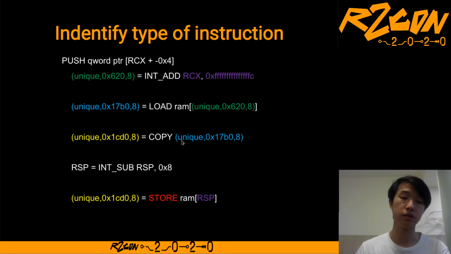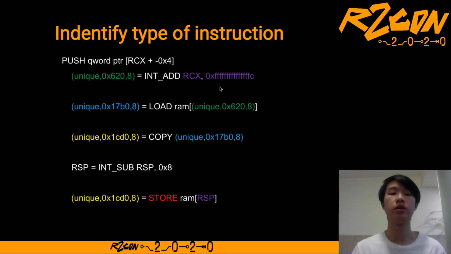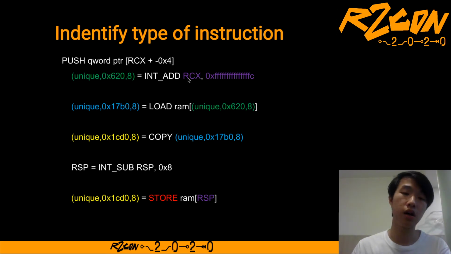This one is copied from another unique var node, so you just look up again. Now you know it's read from memory, so let's look up. Now we know it's the RCX register plus this immediate value.